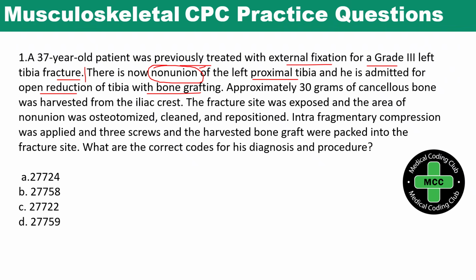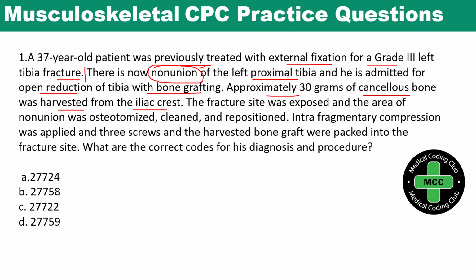So patient requires open reduction of tibia and also requires bone grafting. Approximately 30 gram of cancellous bone was harvested from the iliac crest. So iliac crest, from patient's own body, they are taking the bone, they are harvesting the bone, okay, and then they are grafting into the same patient's body.